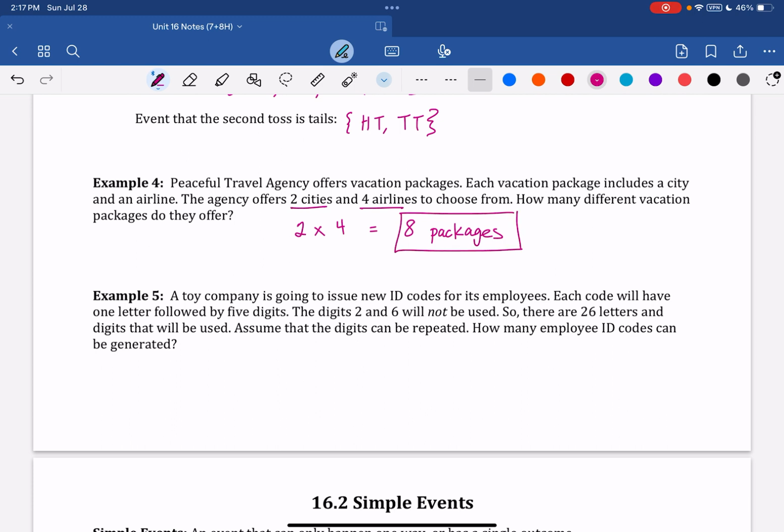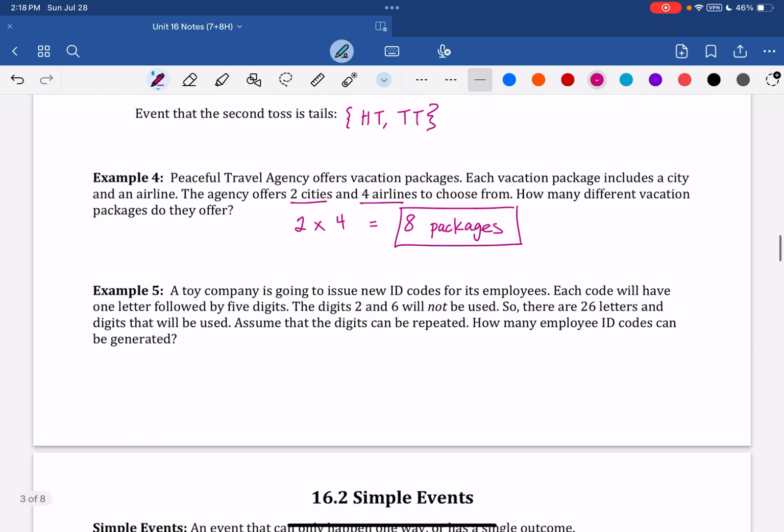All right, a toy company is going to issue some ID codes for its employees. Each code will have 1 letter followed by 5 digits. The digits 2 and 6 cannot be used. So there are 26 letters and then digits that can be used. Assuming the digits can be repeated, how many employee codes can be generated? Okay, so how many digits are possible?